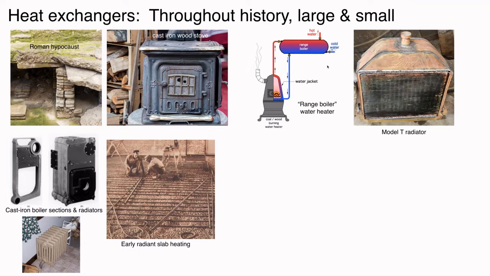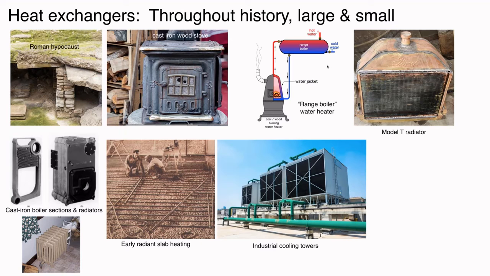This is an early wrought iron installation for floor heating, way before we had PEX tubing, even before copper tubing was used. But essentially a heated floor is a heat exchanger. We're passing warm water into it, and we're taking heat and moving that into the heated space. And now we get up into some modern designs, so some large cooling towers.